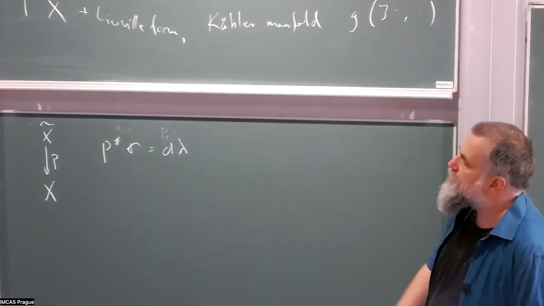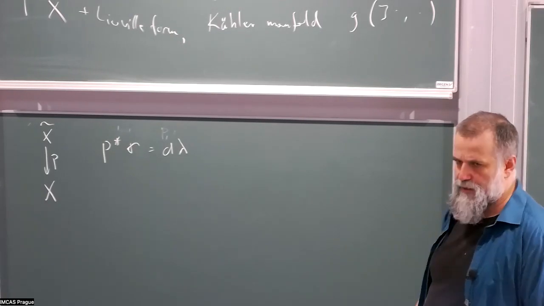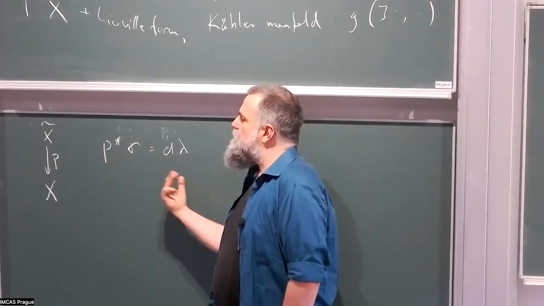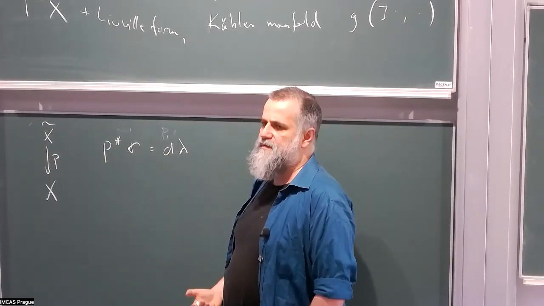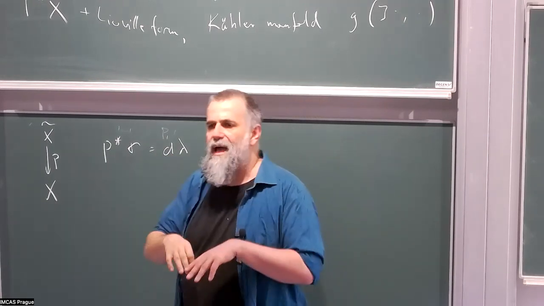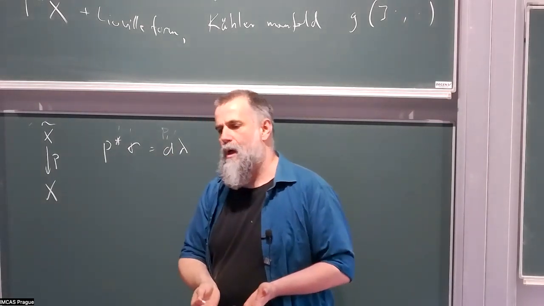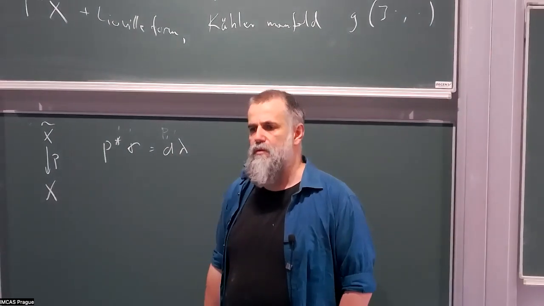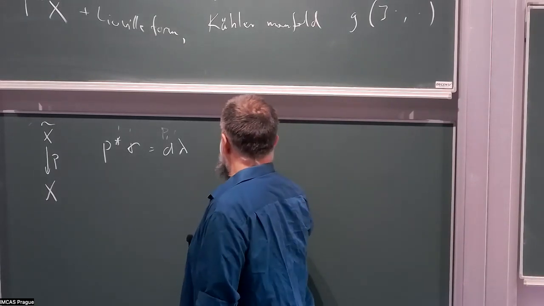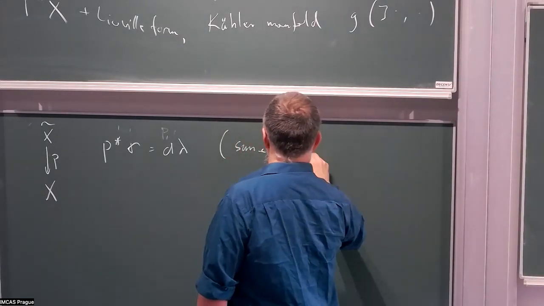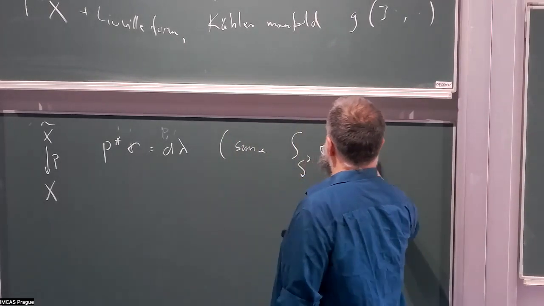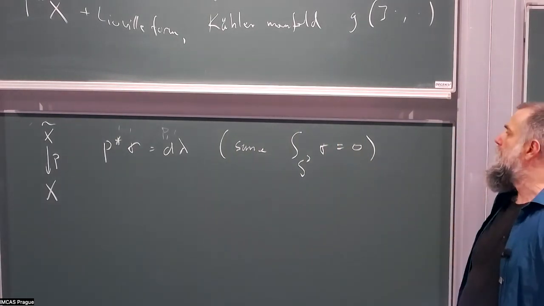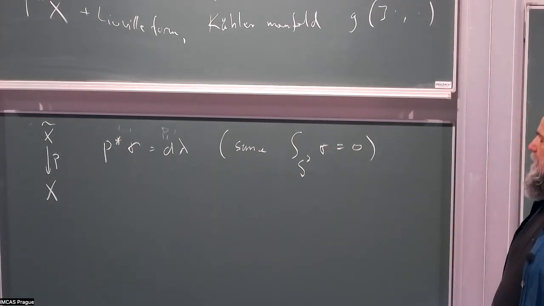This condition is called symplectically aspherical, and it's easy to check. The only obstruction for being a derivative of something is that already in X I have some bad sphere on which sigma evaluates to non-zero. So this is the same as the integrals of sigma over spheres being zero for every embedding of a sphere in my X.